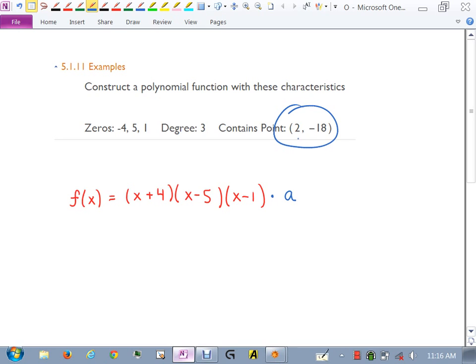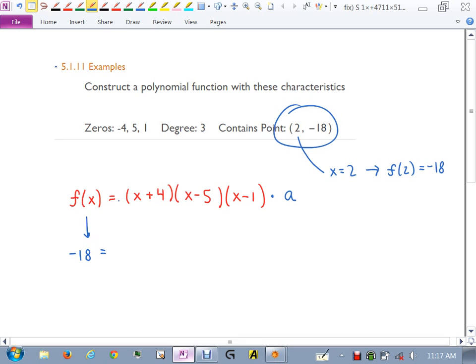Now, this point has to live on the graph. So that means when I plug in 2 for x, if x is equal to 2, the function should spit out what? -18. So if I replace all my x's with 2's, this should be -18. So I'm going to make the left side of this -18.